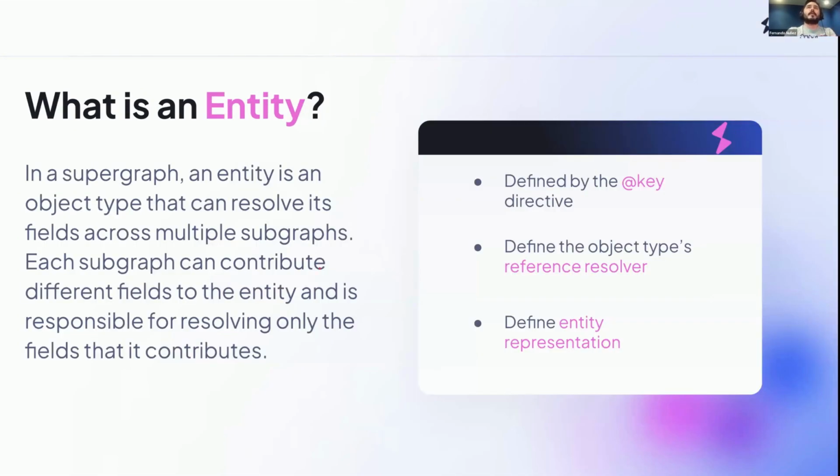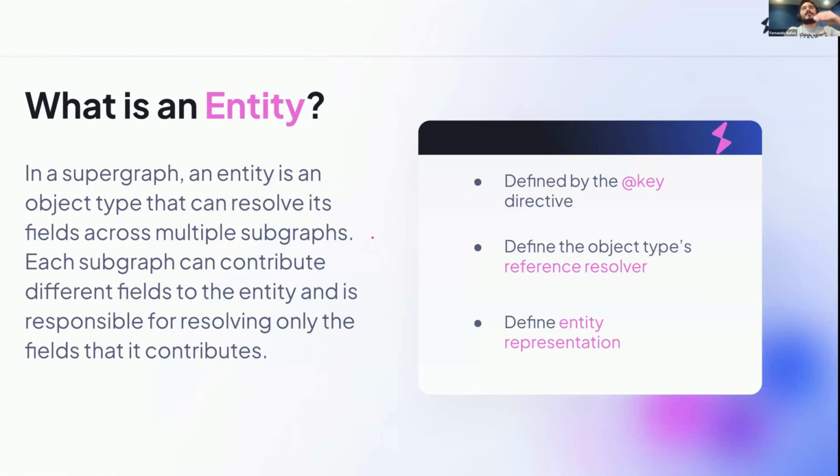So we have been talking a little bit about entities. So what is an entity? Basically, in a supergraph, an entity is an object type that can resolve its fields across multiple subgraphs. Each subgraph can contribute different fields to the entity and is responsible for resolving only the fields that it contributes.